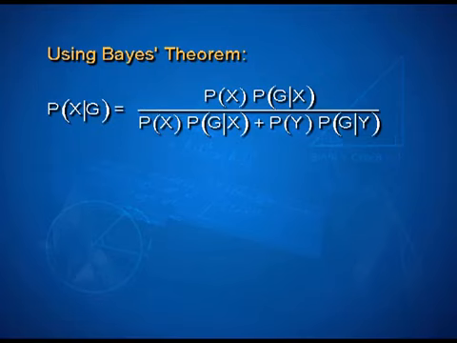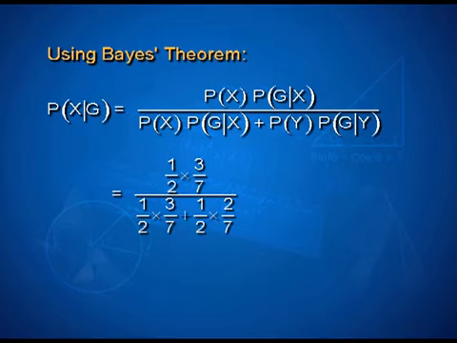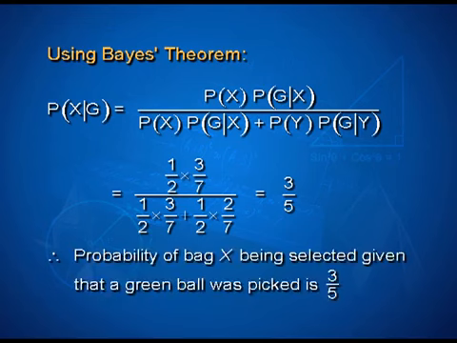We know individual probabilities of all of these quantities. So, I have half into 3 by 7, divided by half into 3 by 7 plus half into 2 by 7. Just simplify and it becomes nothing but 3 by 5. And therefore, the probability of bag X being selected given that a green ball was picked is 3 by 5.